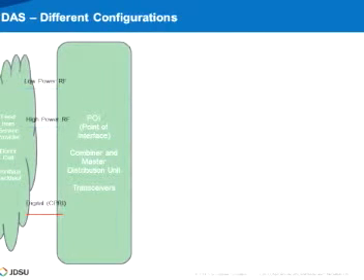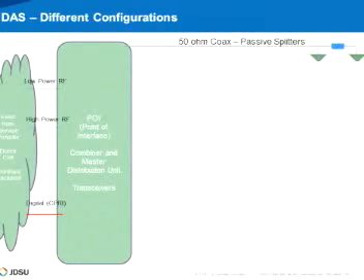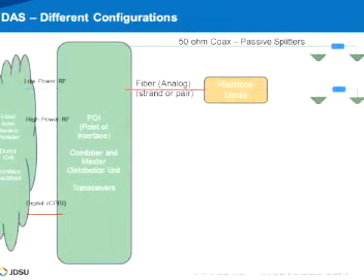The next animation based on the transceivers just goes to show that transceivers can take on a variety of different forms. It can be 50 ohm coax and then have passive splitters going out to a variety of antennas. There's also a wide presence of analog fiber, both strand and pair, that go out to remote units that then convert it back into RF and then go out to the antennas.